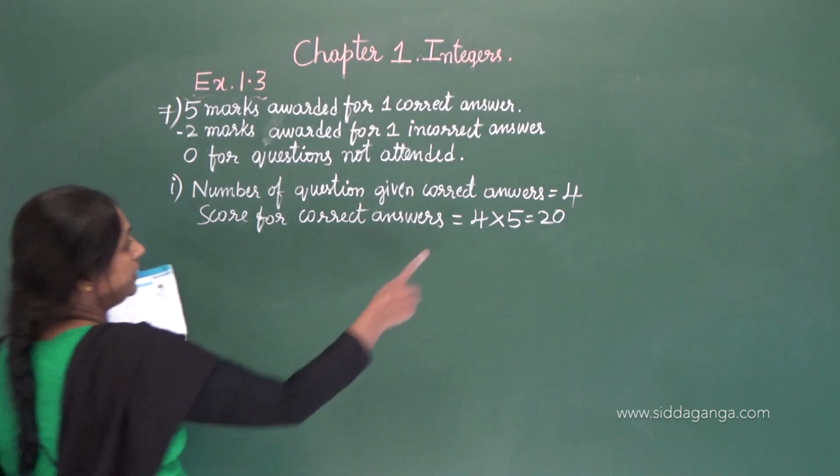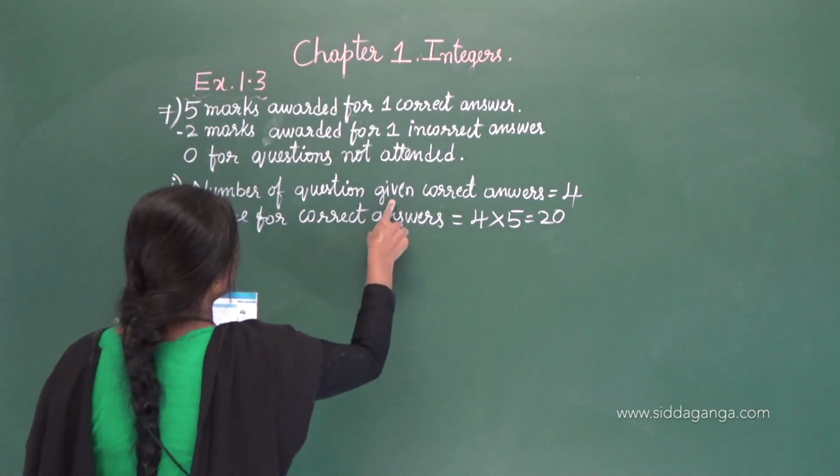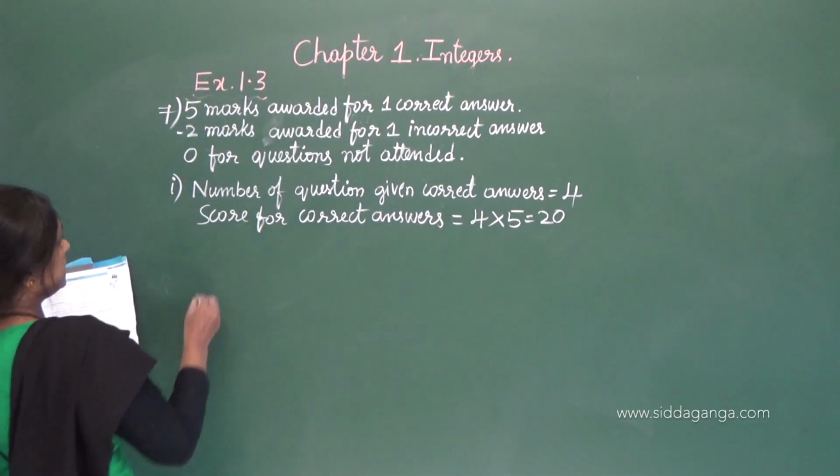He scored 20 for correct answers, and he gave 4 correct answers and 6 incorrect answers.